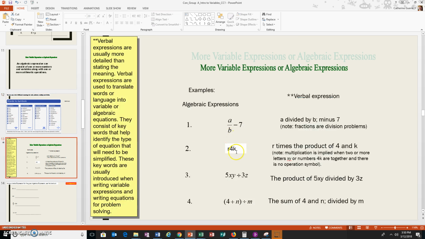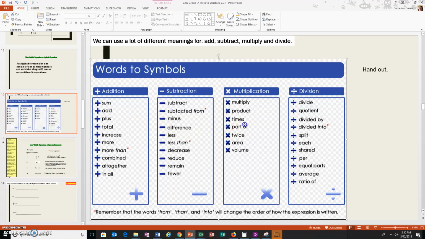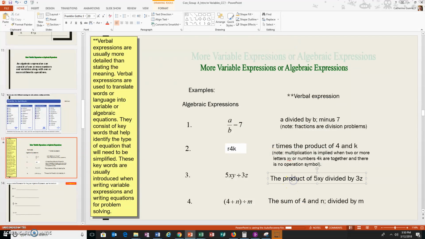We have three things we're multiplying, so one of them we say times, the other we say product. You could do a lot of different things, like 4 multiplied by K, or something. Product is much better to use; we use it more often.